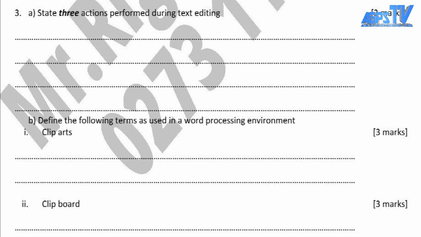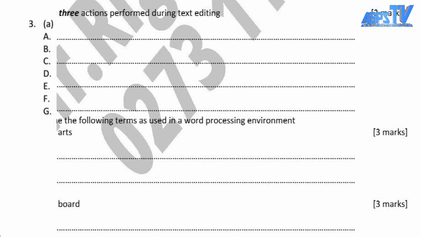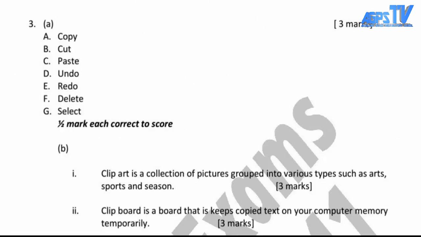Then the B was to define the following terms as used in the word processing environment: clip art and clipboard. Some of the activities we can carry out when editing include copy, cut, paste, undo, redo, delete, select. All these are editing tools.